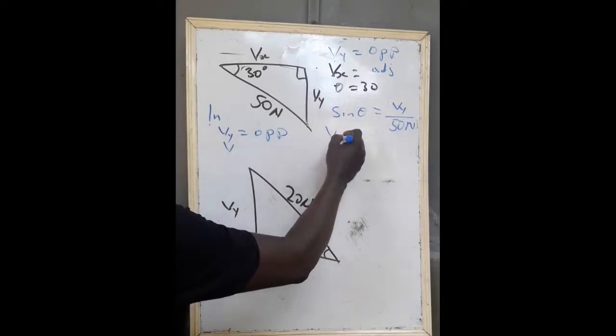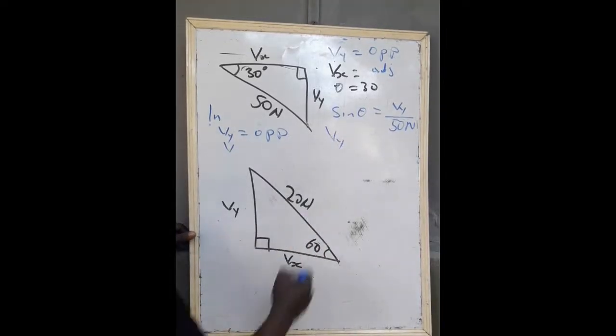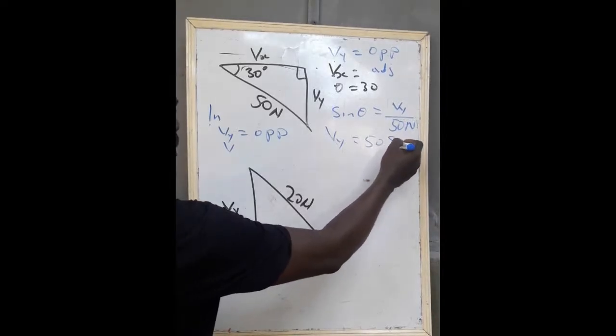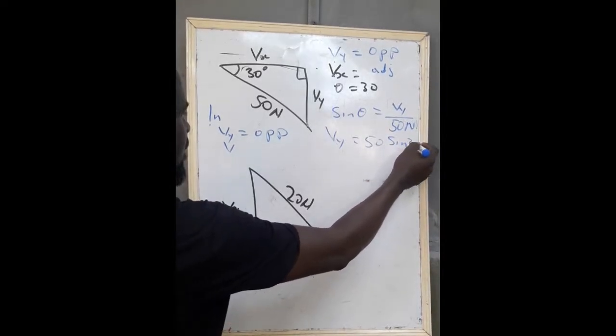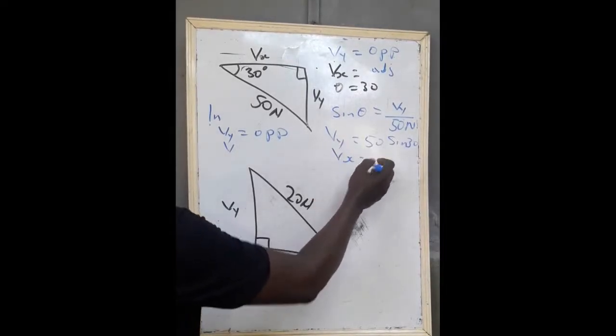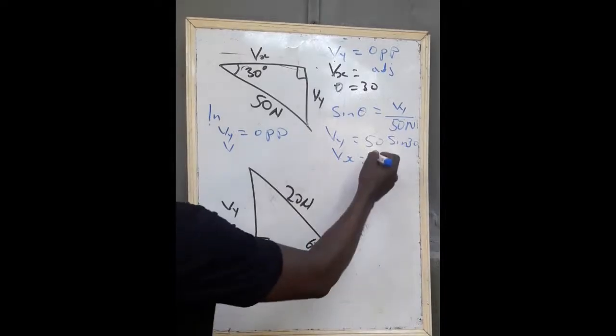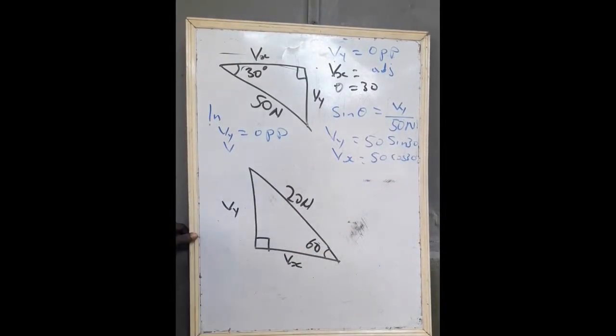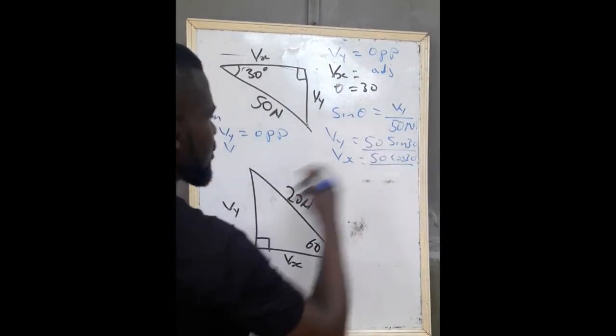Therefore, Vy is equal to 50 sine 30 again, and Vx is equal to 50 cos 30 again. All right, you can work this out to have your answer.